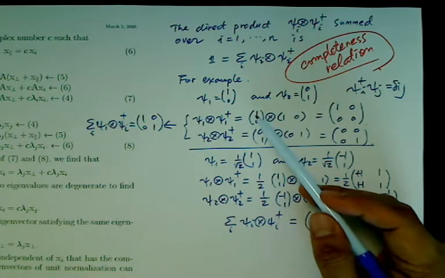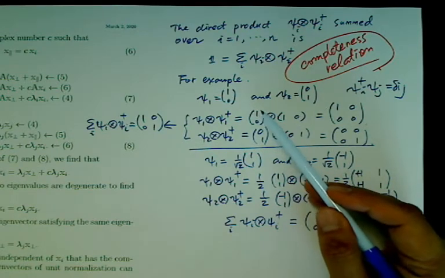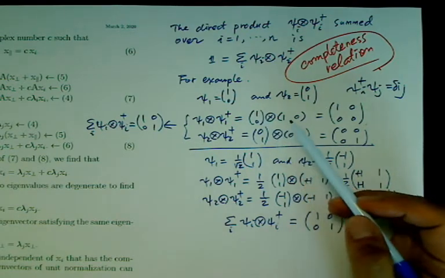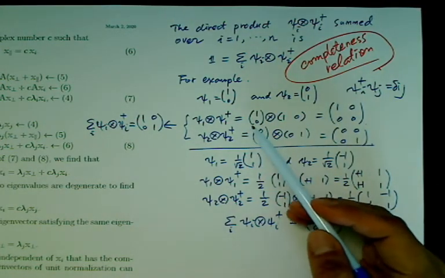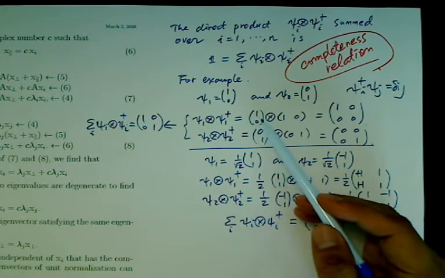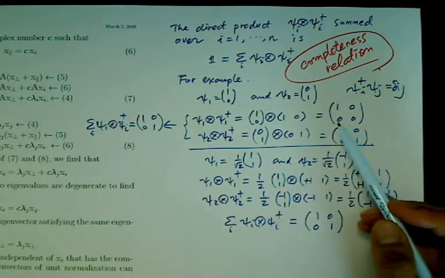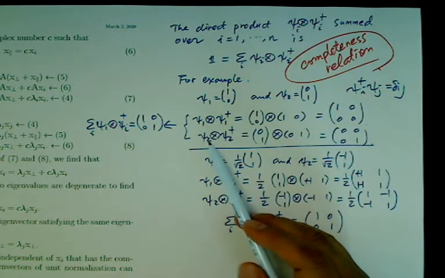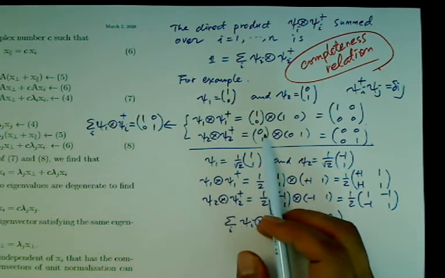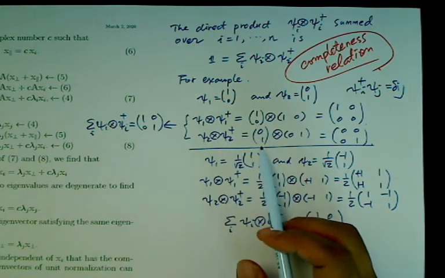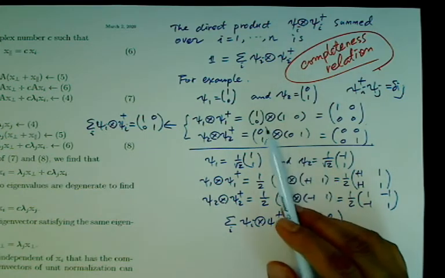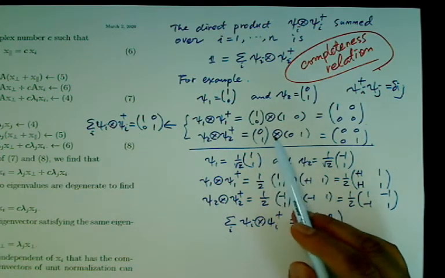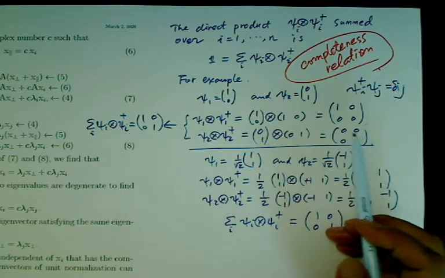The first row is obtained by multiplying this number to this row, so 1 0. The second row is obtained by multiplying this number to this, so 0 0. Then for psi 2, this is psi 2 dagger, and the first row is obtained by multiplying this number in here, 0 0.